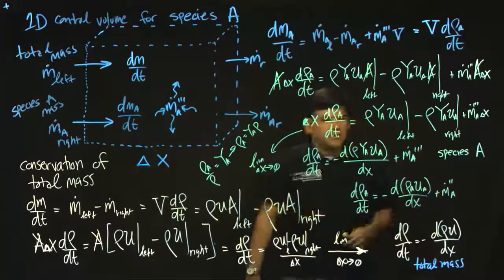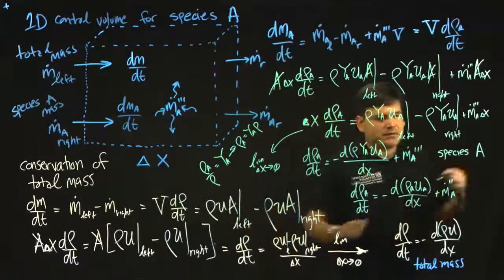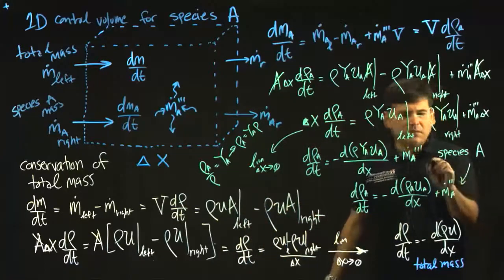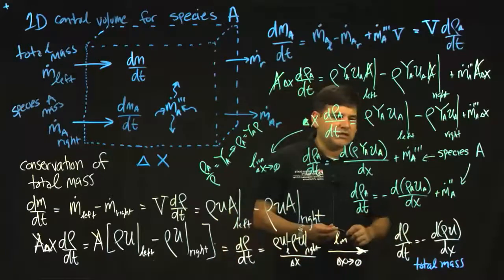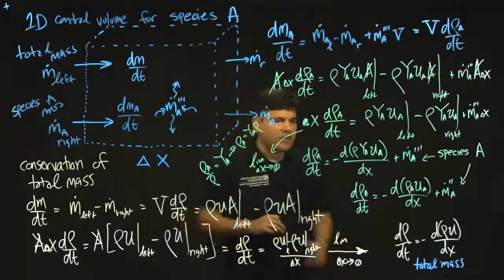So it's similar for species A, just different units here. And it also looks like you see some comparisons with the total mass.